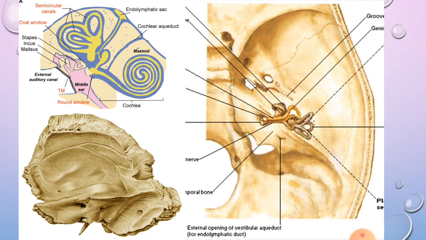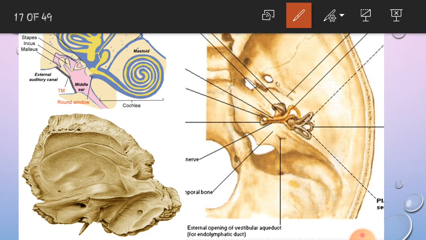This is another diagram to show you the location of the internal ear deep in the petrous temporal bone, and I also want to show you, this is the internal acoustic meatus, through which passes the facial nerve as well as the vestibulocochlear nerve, which are the 7th and the 8th nerves, and posterolateral to this internal acoustic meatus, here is the opening of the vestibular aqueduct.